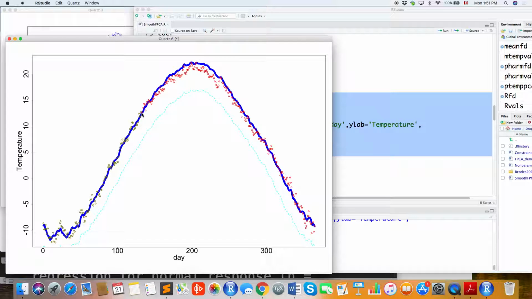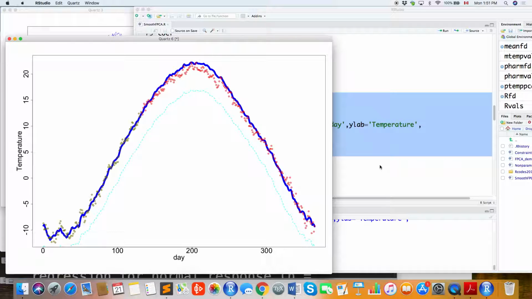You can see the predicted curve is pretty close to the observed temperature in Montreal after 132 days, right? And these dashed lines are the mean temperature curve. Any questions? Is this clear?